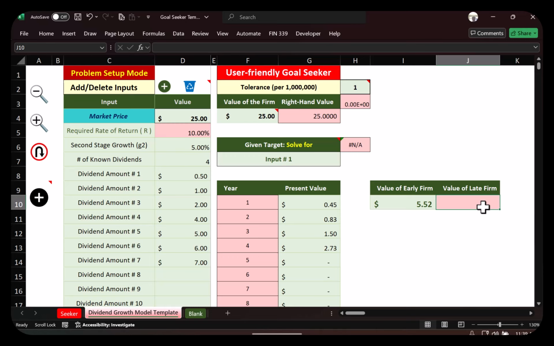His mistake was the formula was referring to the number of known dividends. He did not make it into an absolute reference. Because if you don't, in the next one, it's going to refer to this number, which is not what you want.